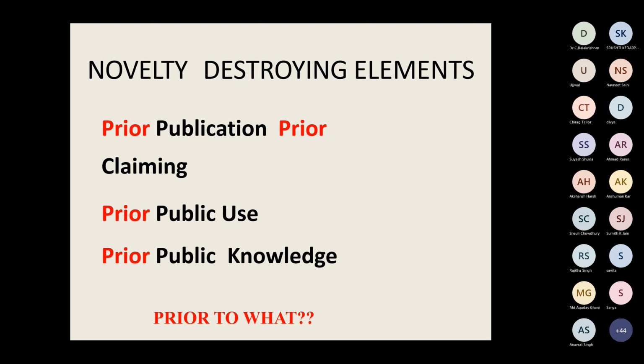Prior claiming means it has been claimed, which means it is a part of a patent application. In a patent application, there are certain titles or topics which we need to mention, and the most important one is the claim part. First in the application, you explain everything: okay, this is my invention.